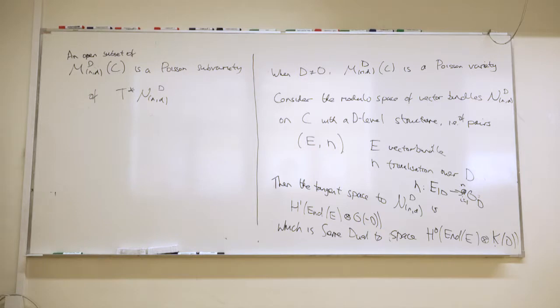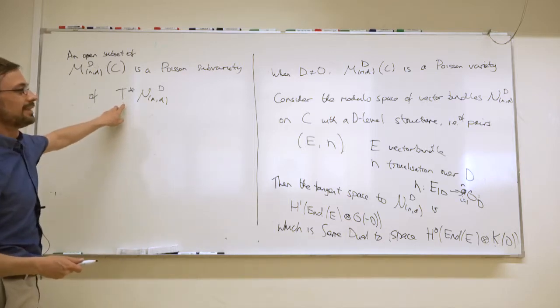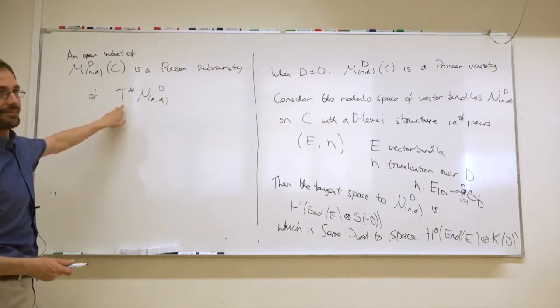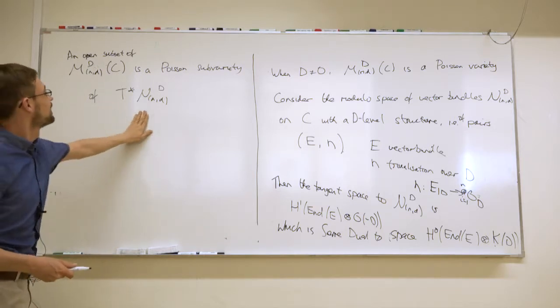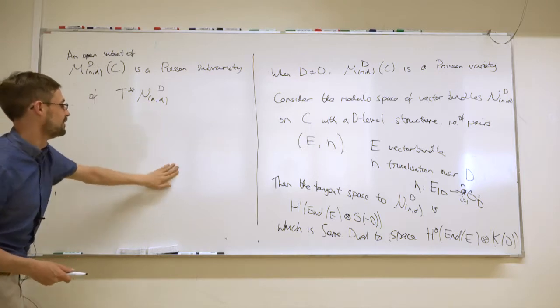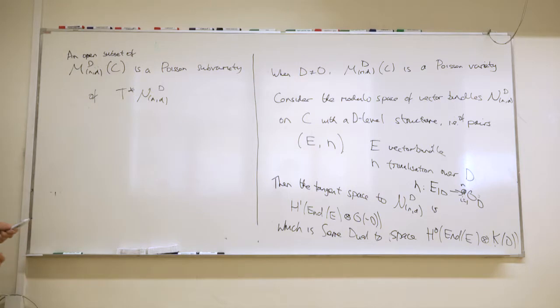So one way of getting back into the symplectic realm is to make your space bigger, but this comes at the cost of losing the integrable system structure, because these extra directions do not carry this Hitchin map, which gives you the integrable system we want to study.